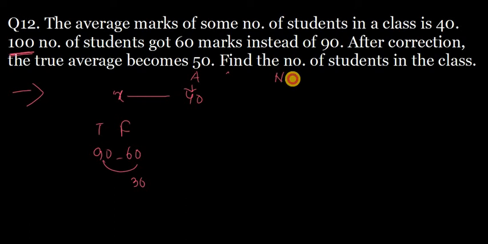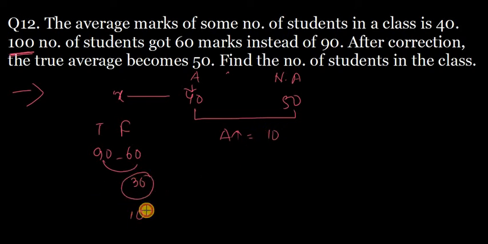After correction, the new average becomes 50. The average increased by 10. So 100 into 30 is 3000 marks were missing, and the average went from 40 to 50.